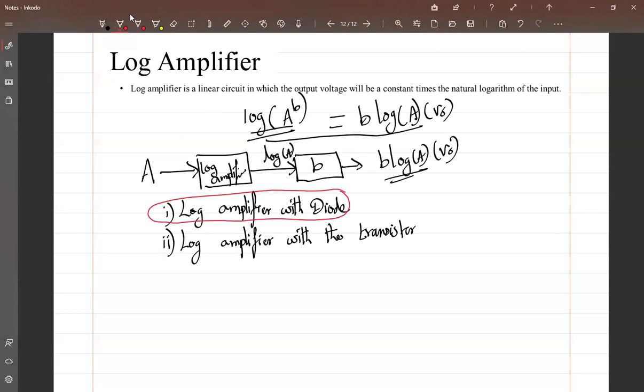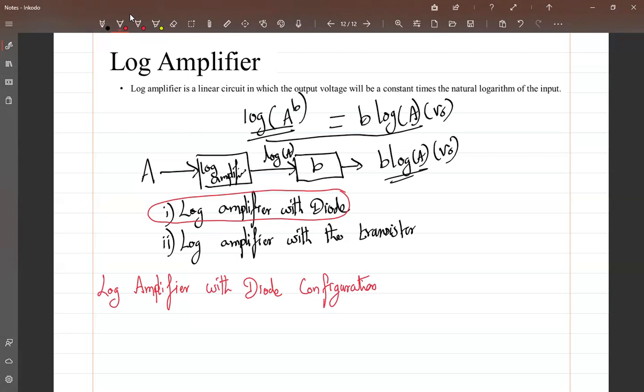So let's go to the topic: log amplifier with diode configuration. Both log and anti-log we are going to discuss.